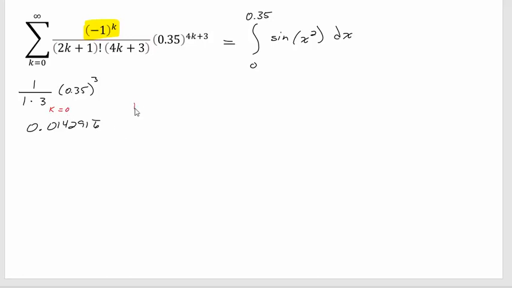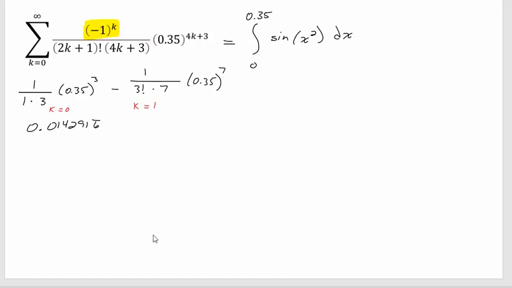So let's do k equals 1 and add that on there and see what we get. So when k equals 1, it's actually going to be a negative up here, right? -1 to the 1, and then we'll have 3 factorial times 7, and 0.35 to the 7th. All right, so I'm just going to pause the recording and punch this in and see what we get.